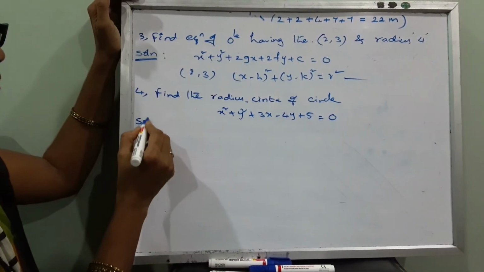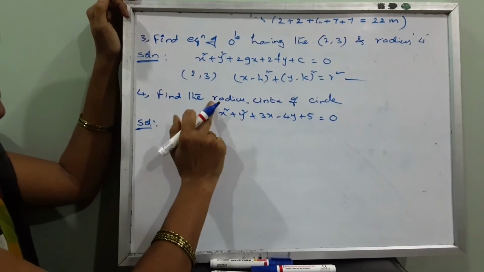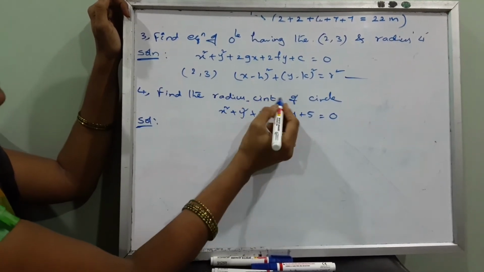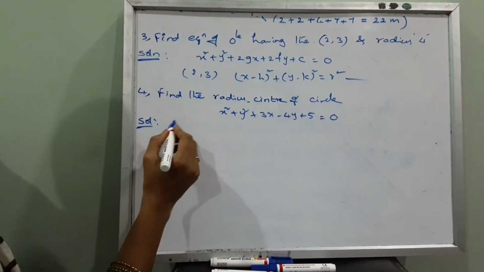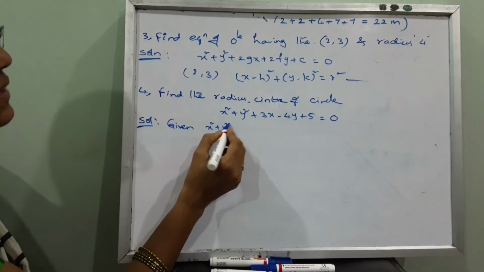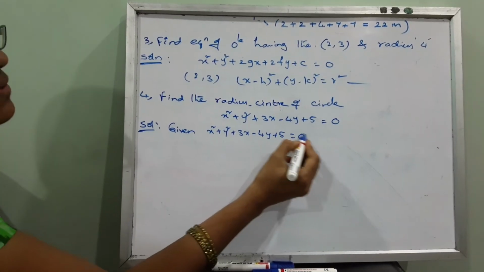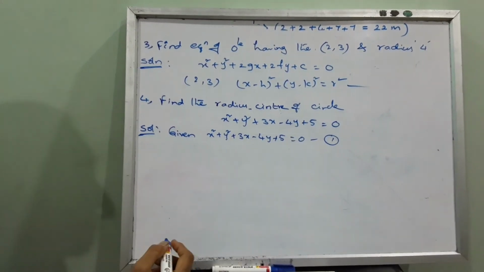Solution. We have to find the radius and center here. The given equation of a circle is x square plus y square plus 3x minus 4y plus 5 is equal to 0, equation 1.